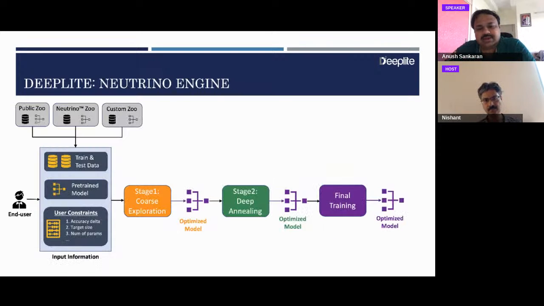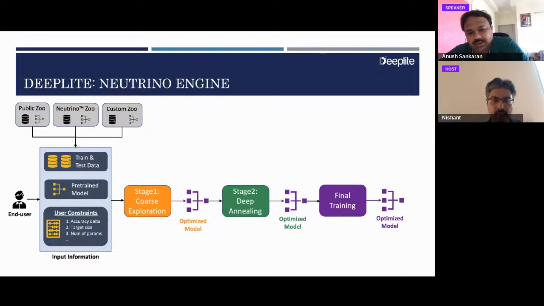That is where this annealing really helps us: we slowly start cooling down the compression, and every time we reduce the compression, we quickly check the accuracy and make sure that it doesn't drop below the expected threshold that the user has provided. Once we have sampled this smaller architecture, we do one final round of training and provide the optimized model to the end user.